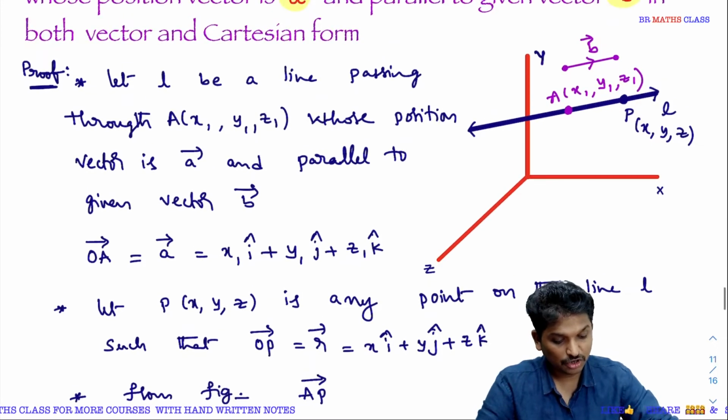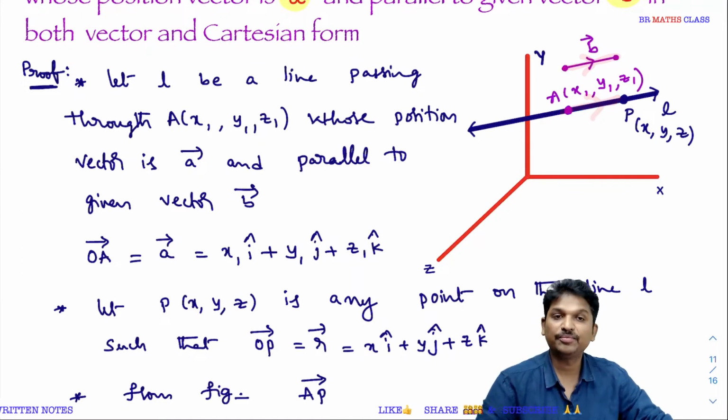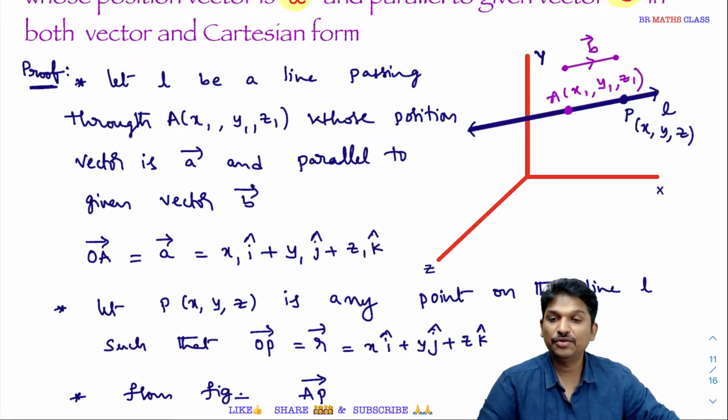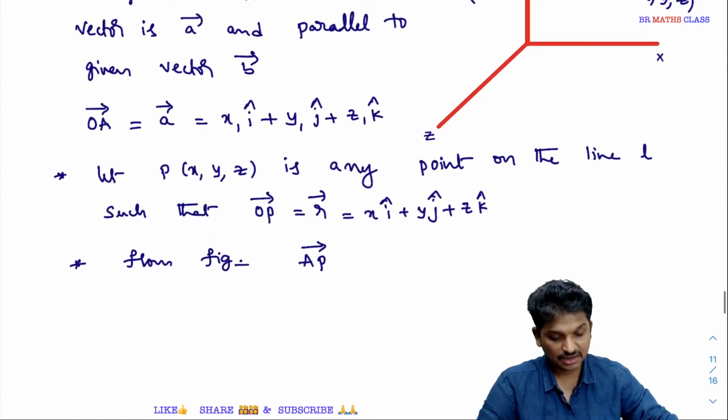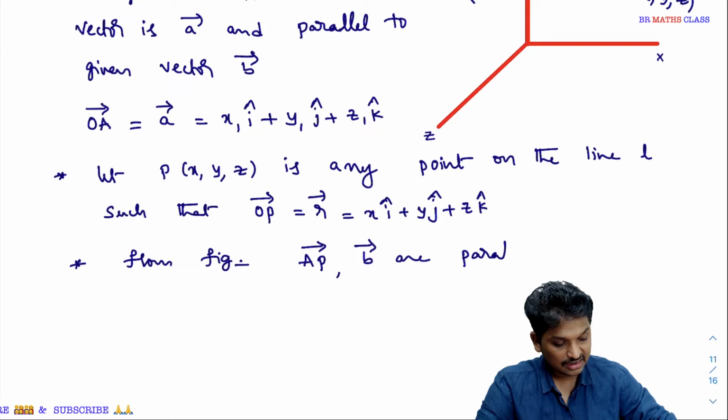P is the point on the line we took. Look here, AP bar means this vector. AP bar is parallel to B bar because this line is parallel to B bar. So from the figure, we can say AP bar and B bar are parallel. I hope you are understanding.